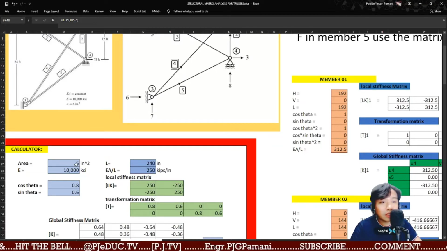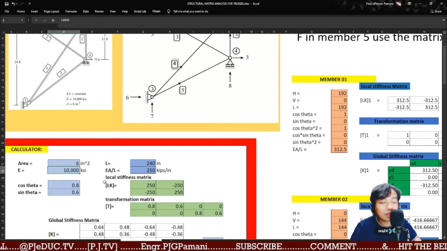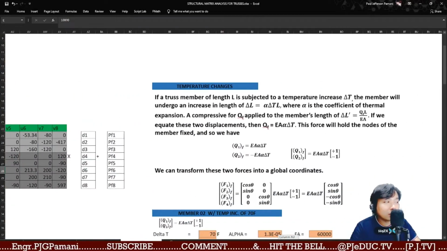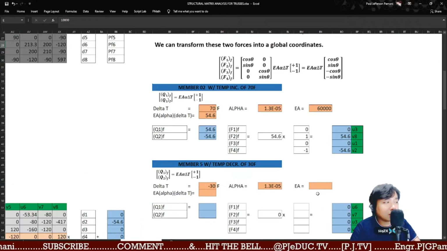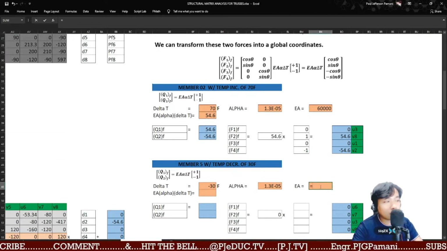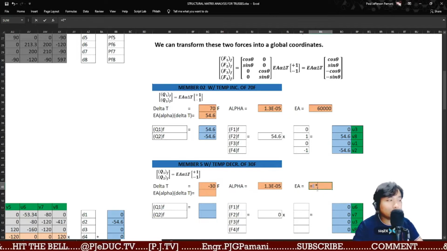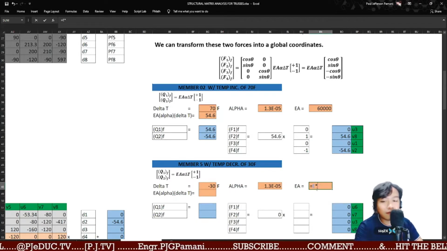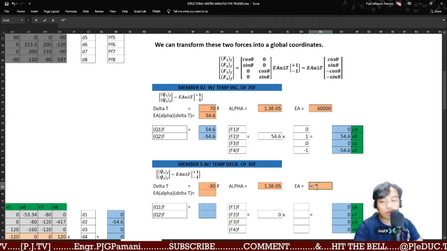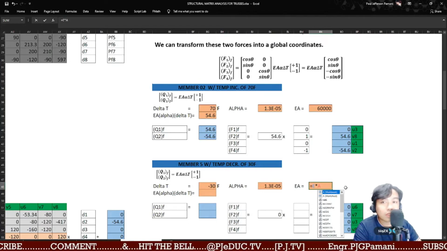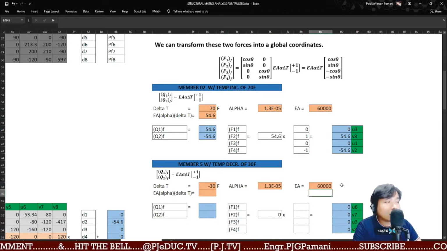Okay? Basically, multiply mo lang si E times A. That is, what? 60,000. So, sinet ko na yung aking EA as constant. So, I'll just have to multiply the modulus of elasticity E times the cross-section of member 2. Nakaset kasi yung aking cell. Pinangalanan ko na yung cell ni area at saka cell ni modulus of elasticity. So, that is 60,000.